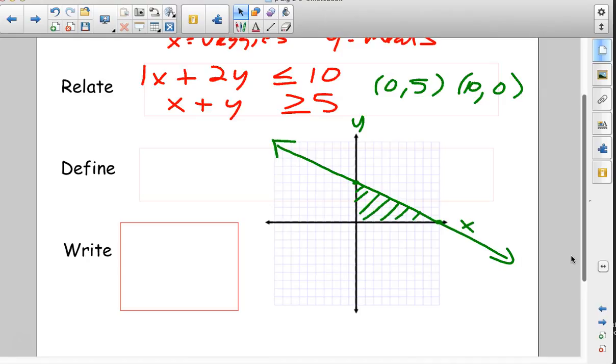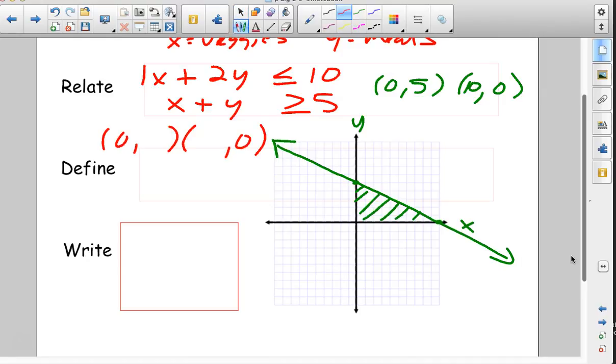And then we go to this one and say, well, this would also be a really nice problem to work through if we pretend this is equal so we can get that boundary line. So if we put a 0 in for x, what would y have to be? 5. And if we put a 0 in for y, what does x have to be? Works out pretty good.